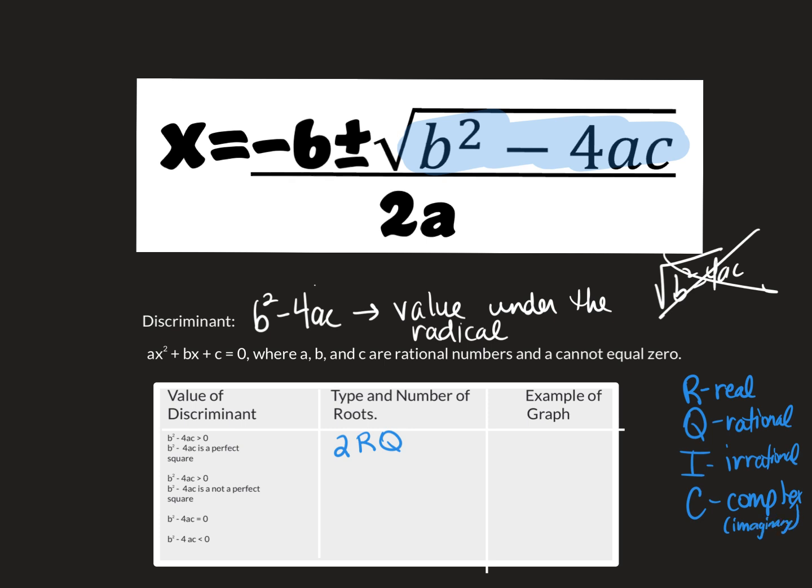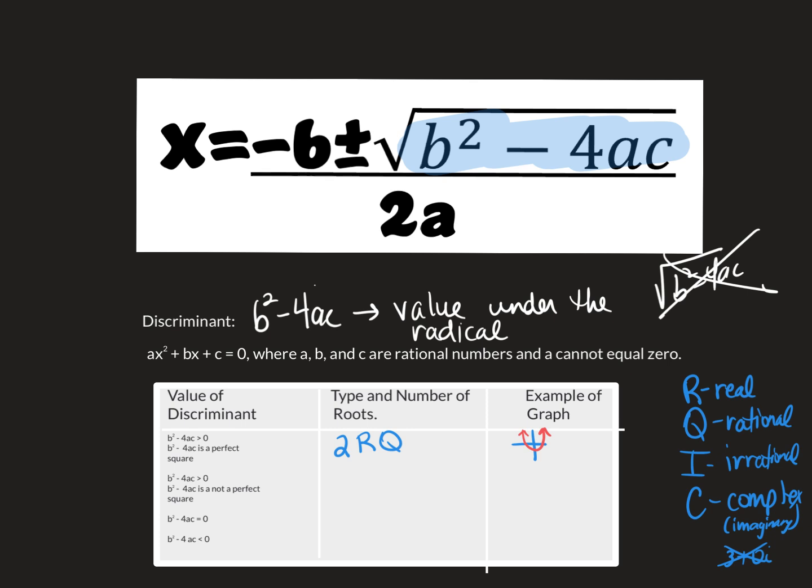Well, most of the time you'll have an i. 3 is a complex number because it would be 3 plus 0i. Okay, anyway. Two real rational roots, and the graph will look like this, or it could be upside down.